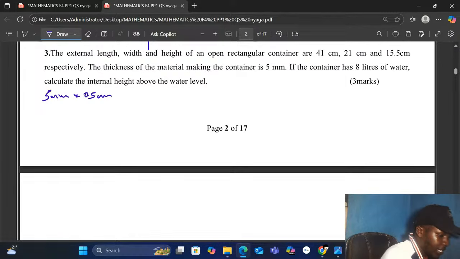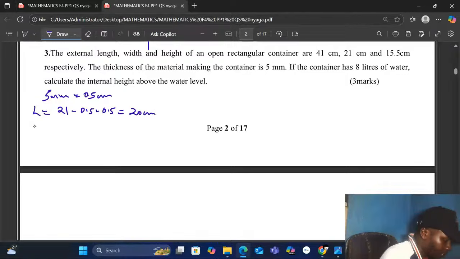Now we can look at the length. For us to get the length, we simply take 21 minus the thickness, 0.5 on both sides, so that we have 20 centimeters.